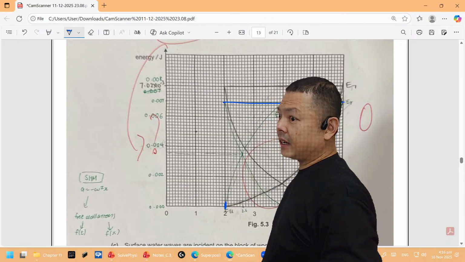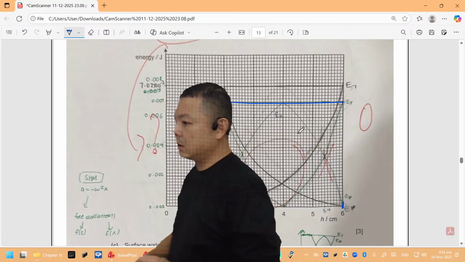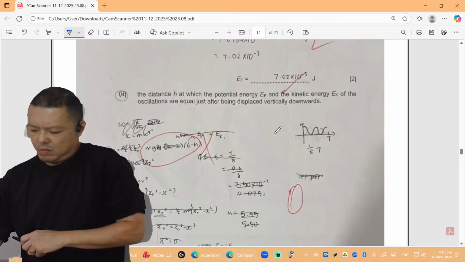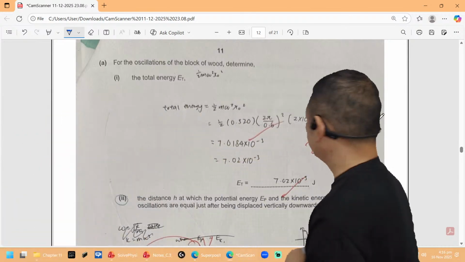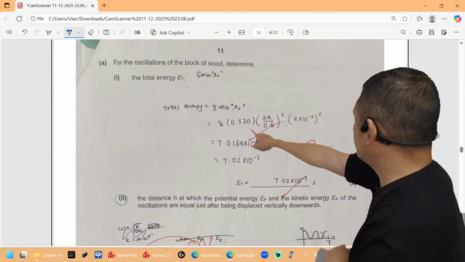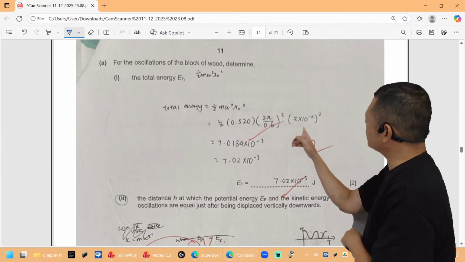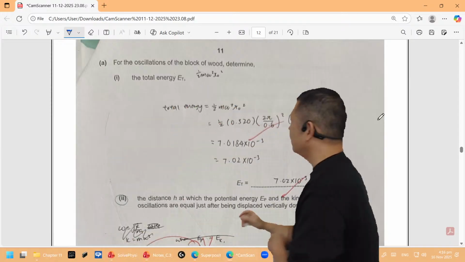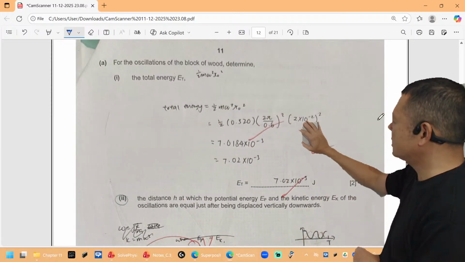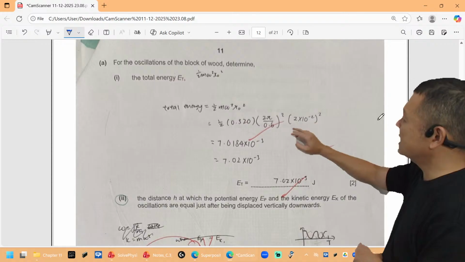Oh, did you put 2 SF and get marked down? No? Oh. No. Okay, I'll look at it. Where did, okay, what's this 2.2 times 10 to the power minus 2? That's 2 cm. Okay, but 2 cm is 2 cm. What's this?